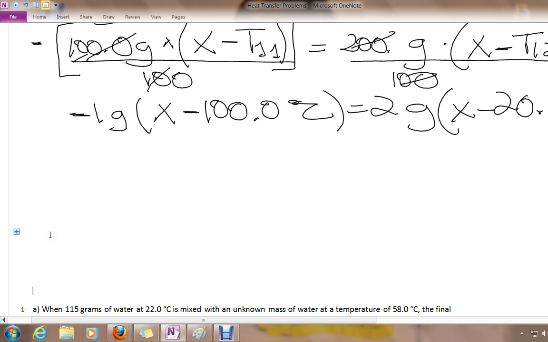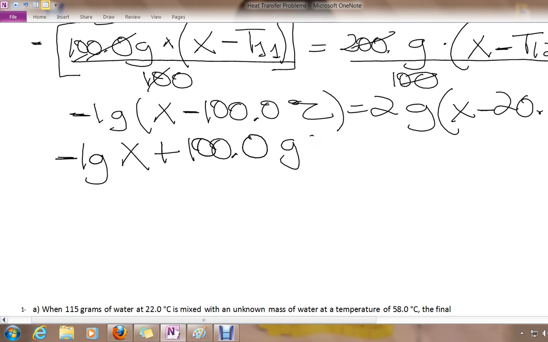Now we do the distributive property: minus 1 gram multiplied by x, and minus 1 gram multiplied by minus 100 is plus 100.0 grams per Celsius, equals 2 grams multiplied by x, minus 40, because I multiplied the 2 by 20.0, 40.0 degrees Celsius.